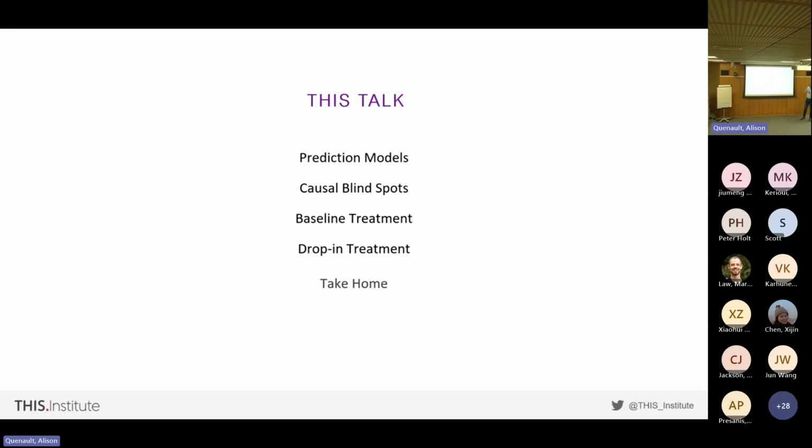There are two different scenarios that we then need to think about. One is baseline treatment, so treatment that is either given or not given at the moment that we are making the prediction, or what we call drop-in treatment, so treatment that would come in later on after we've made the prediction. And both obviously are relevant. And then I'm going to finish with some summaries and a take-home message.